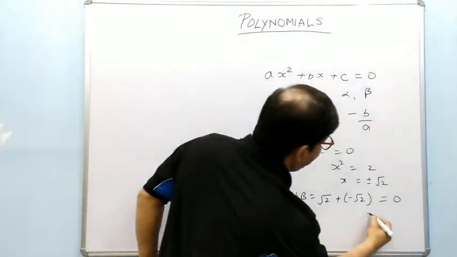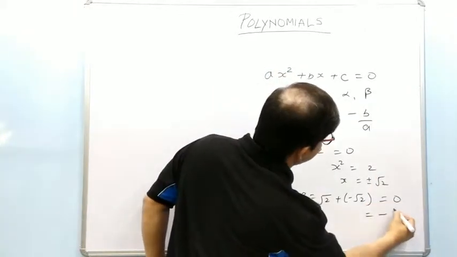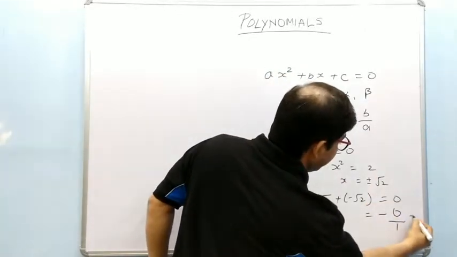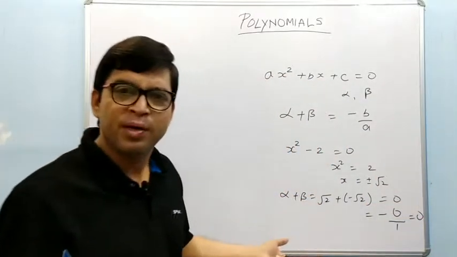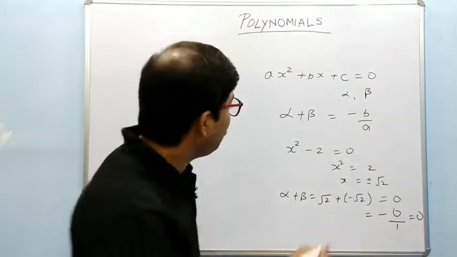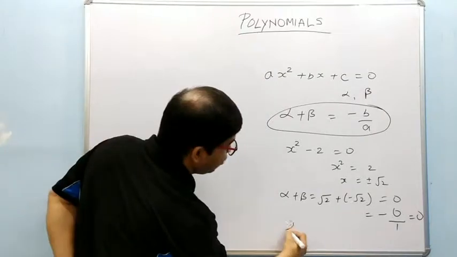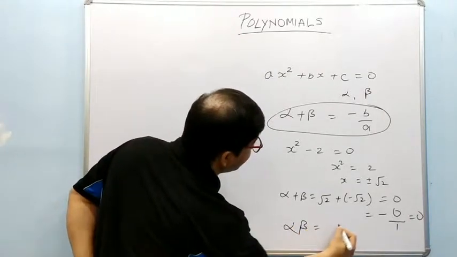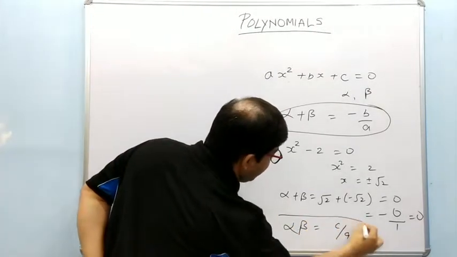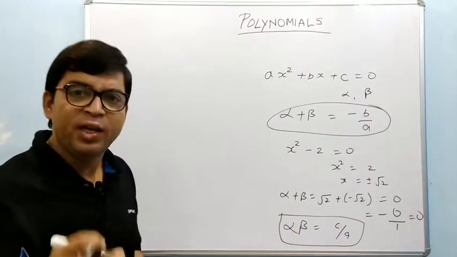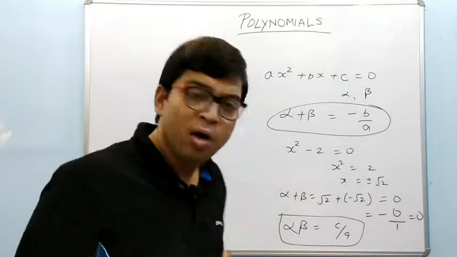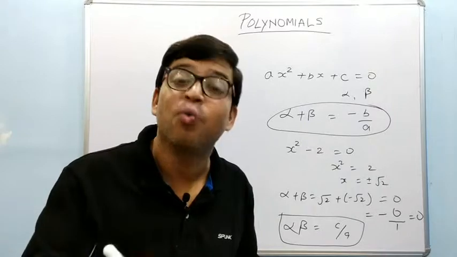If we apply that formula, minus 0 by a, where a is 1, that is 0. Easily validated. You need to remember this. And the product of the roots, same way you can find, is c by a. Very interesting and very important results about the roots of a quadratic equation.